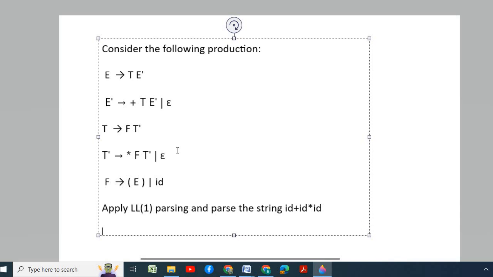The first and foremost thing we have to do is consider the set of rules to follow while performing LL(1) parsing. It should be a context-free grammar. Yes, here the production is a context-free grammar, so there is no issue.